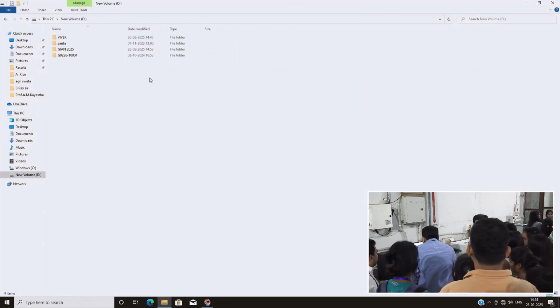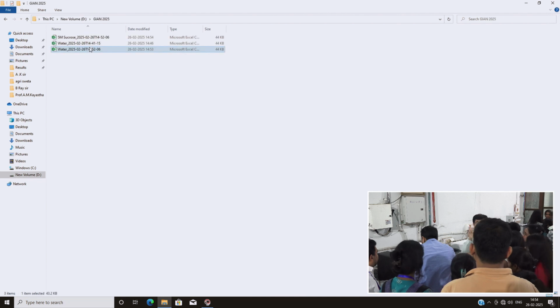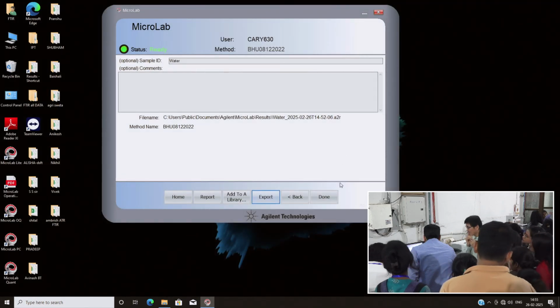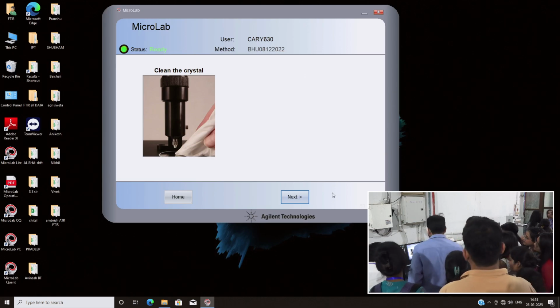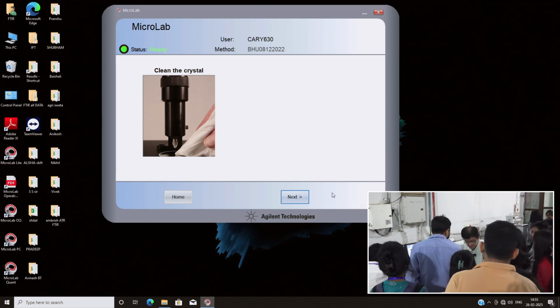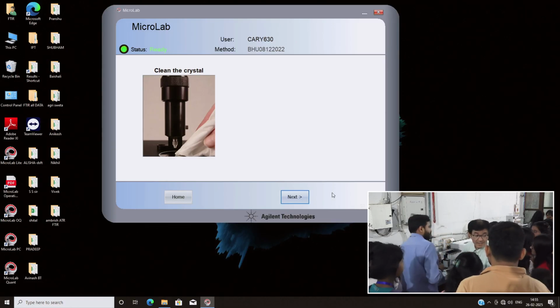Okay, so we finished the two measurements, solution spectrum and solvent spectrum. So it's time to check the difference between them. And is there any application on this PC, or shall I use my own? Okay, just one moment.